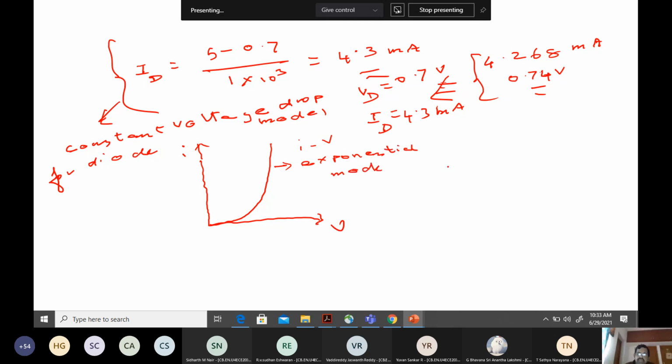Now, if I use the same thing with a constant voltage drop model, then there is absolutely no current that flows through because it acts as open, and the moment you have current that flows through, the constant voltage will be like this. I have to draw a straight line.